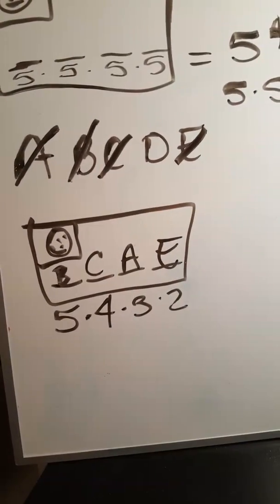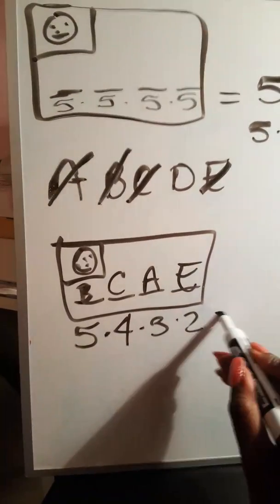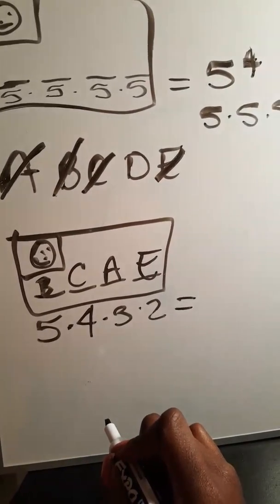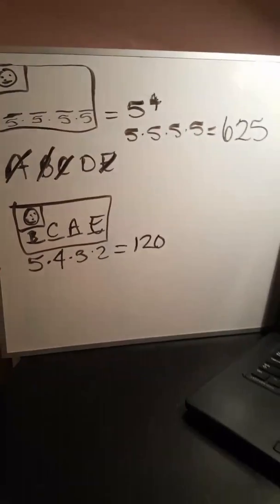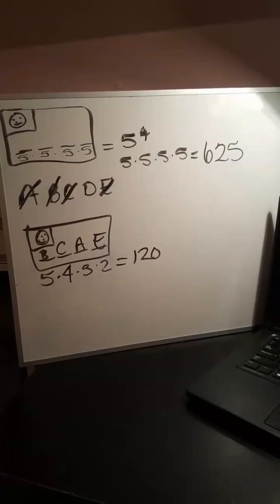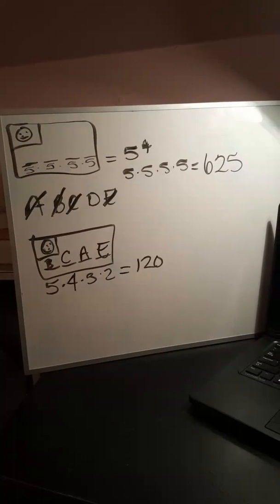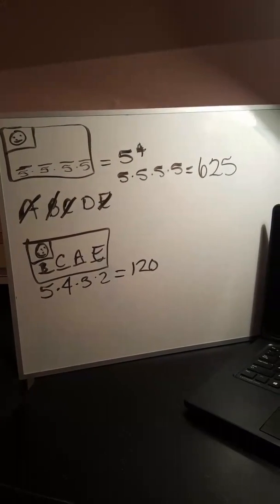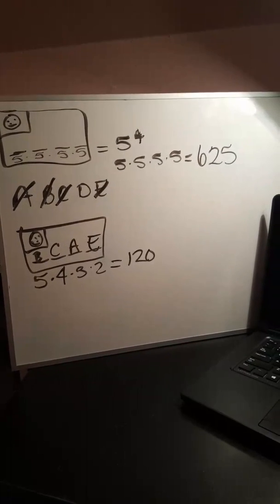So now we have 5 times 4 times 3 times 2. So 5 times 4 is 20, times 3 is 60, times 2 is 120. So that means if we had an ID card with 4 slots for letters, and we can repeat letters A, B, C, D, or E, we have 625 ways that you can write that ID card.